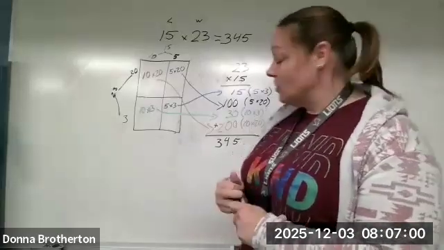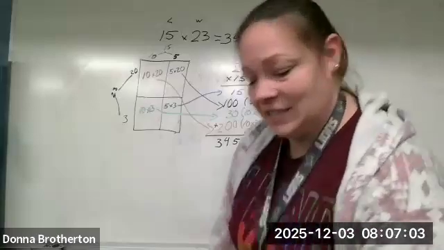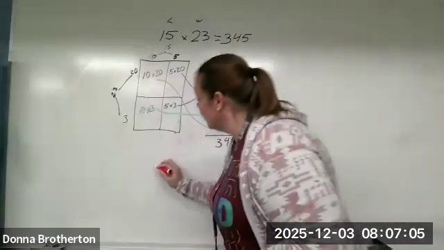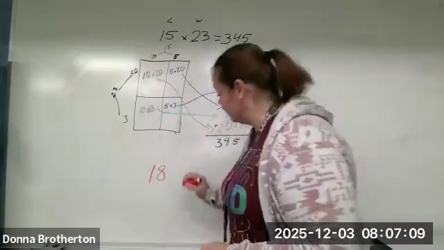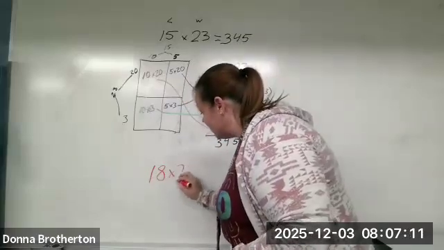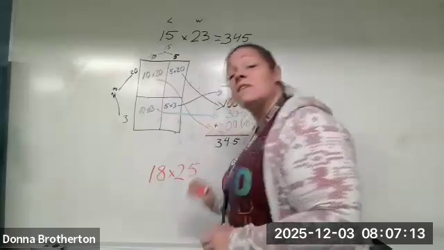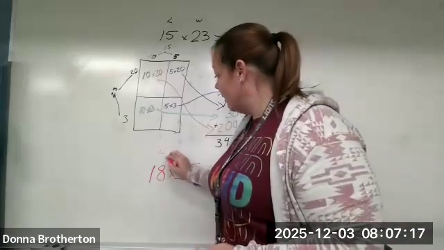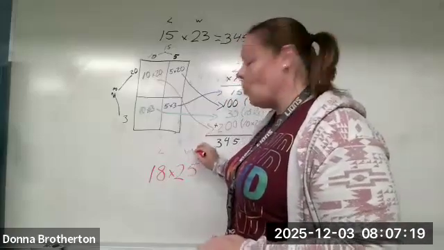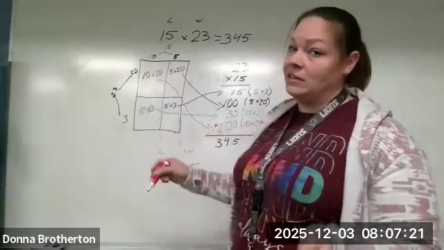And I'm going to have you go to your desk and we are going to practice 18 times 25. 18 times 25. Remember, length times width. Think you're planning a garden.